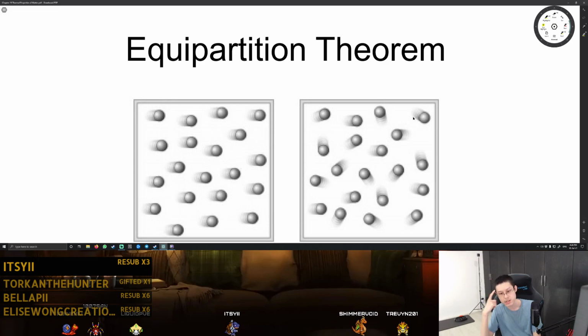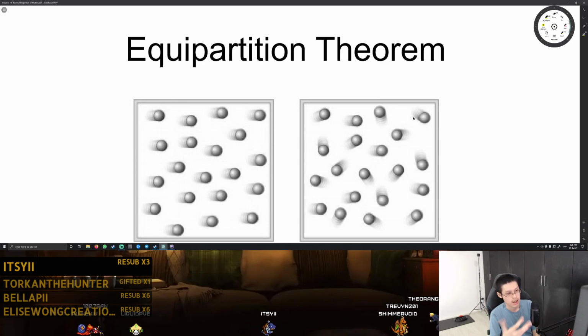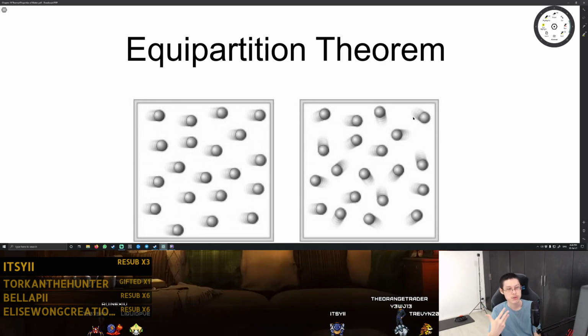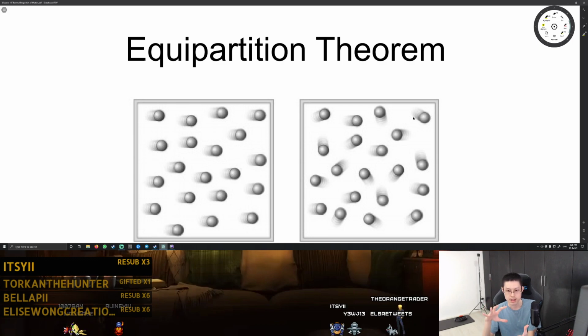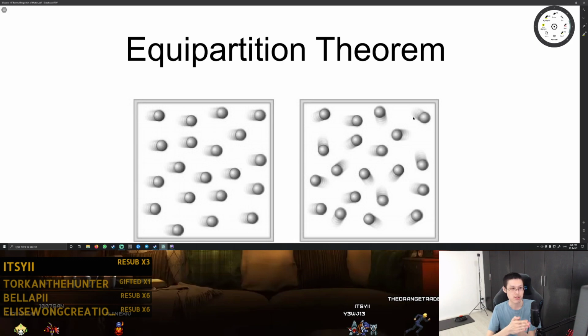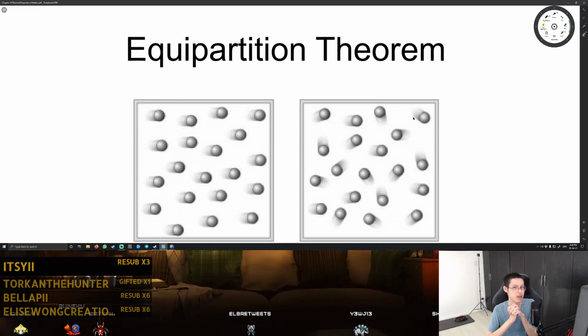The equipartition theorem tells us that if you introduce energy to a system, the energy is going to be distributed evenly to all the modes of the system, or sometimes people refer to it as the degrees of freedom of a system.